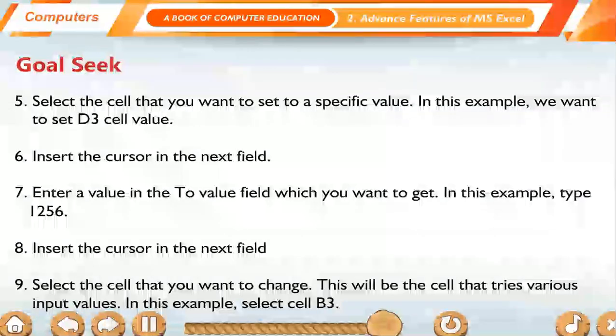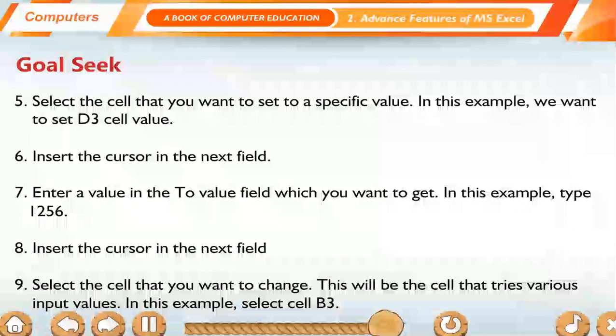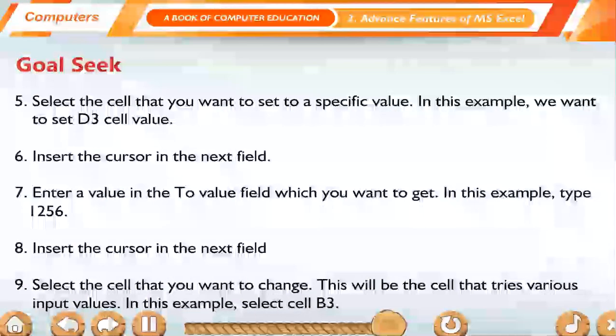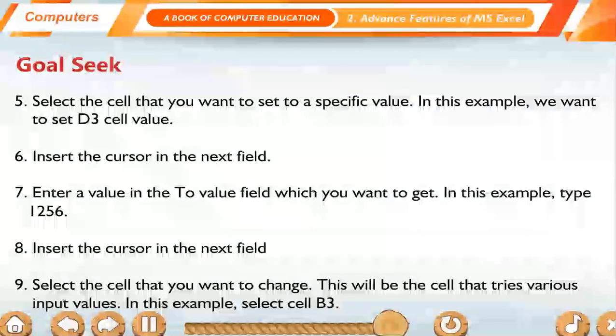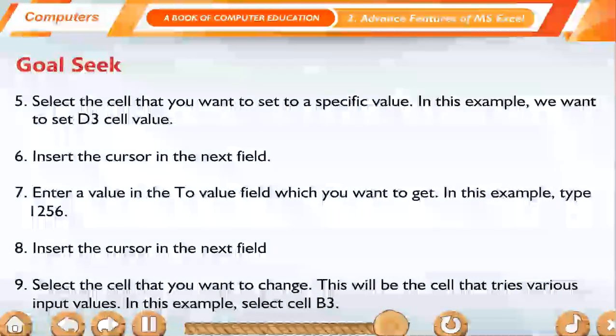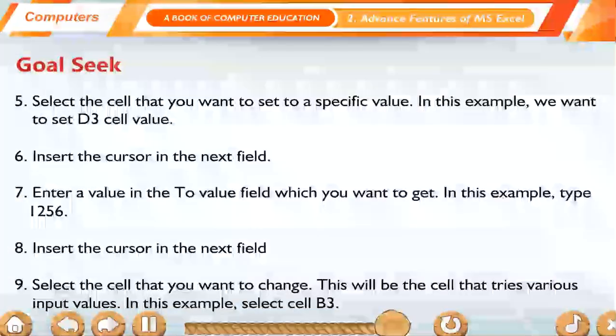Select the cell that you want to set to a specific value. In this example, we want to set the D3 cell value. Insert the cursor in the next field. Enter the value in the To Value field which you want to get. In this example, type 1256. Insert the cursor in the next field.